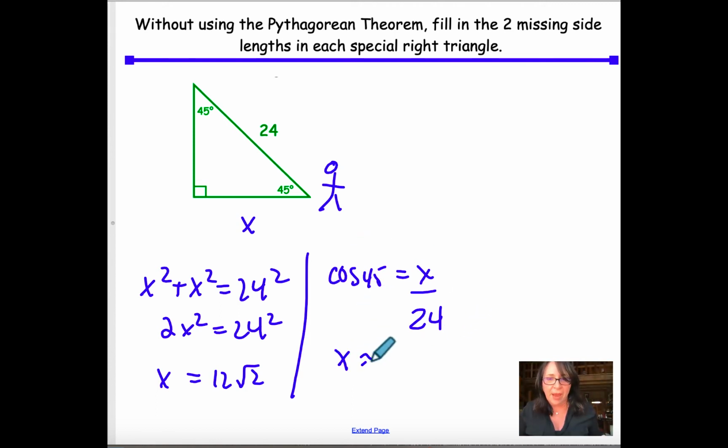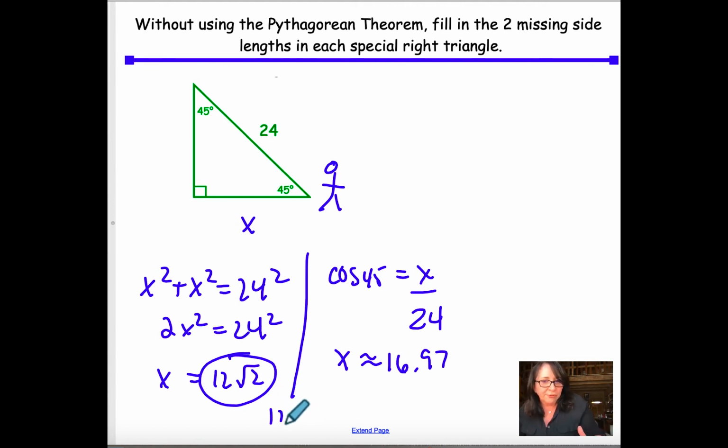So x is about 16.97. What that means is if in my multiple choice section I have exact values like this, all I would need to do is go 12 times root 2 on my calculator that I'm allowed to use, and I'm going to get about 16.97 and check that's my answer.